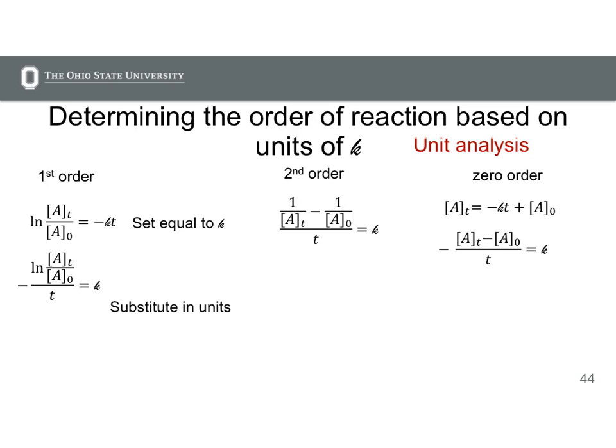Actually, okay, so another important way of looking at these types of reactions and arriving at quick answers is to be able to do unit analysis, or at least recognize the units that are associated with the order of the reaction.